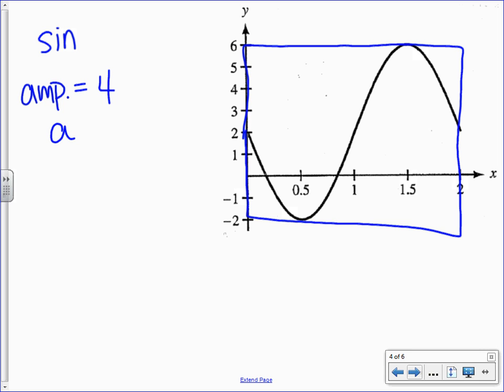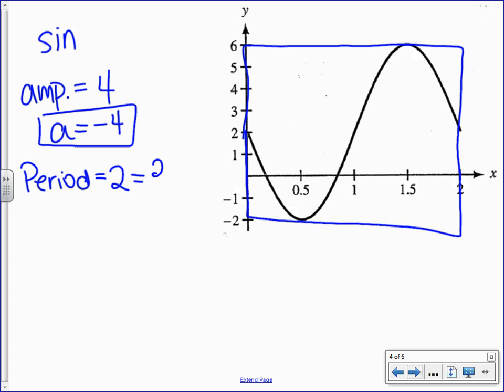Which means A is -4. We have a reflected sine graph, don't we? Okay. Good. Our period is what? Goes from 0 to 2, so our period is 2. We find that by taking 2 pi divided by b. Solve for b. How do we do that? This is pi, isn't it? Okay.